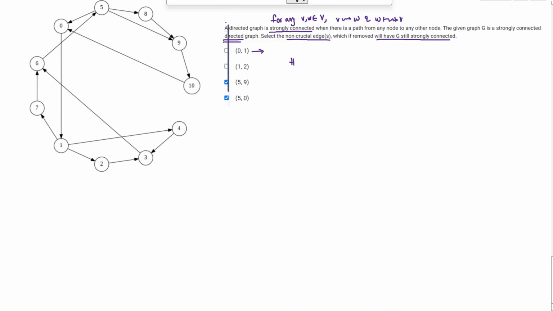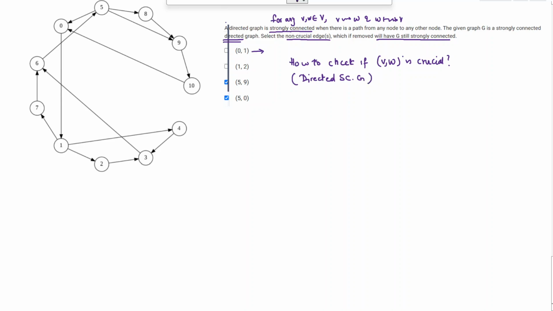So how to check if, say, V comma W is crucial? Again, we have a directed strongly connected graph. Now how do we check?